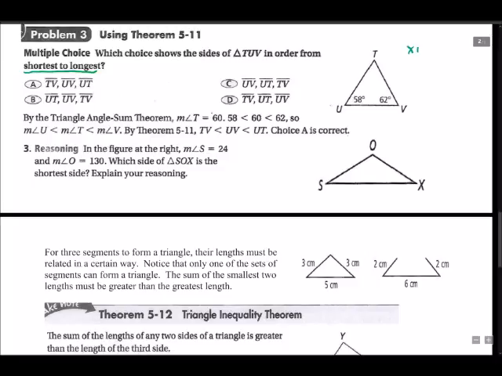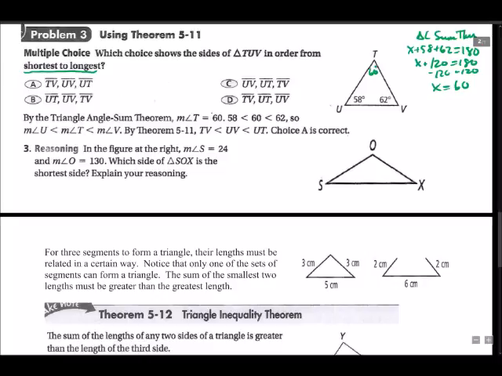We know that x plus 58 plus 62 is 180. That's our triangle angle sum theorem. So x plus 120 equals 180, minus 120, x equals 60. So we know this top angle here is 60 degrees.